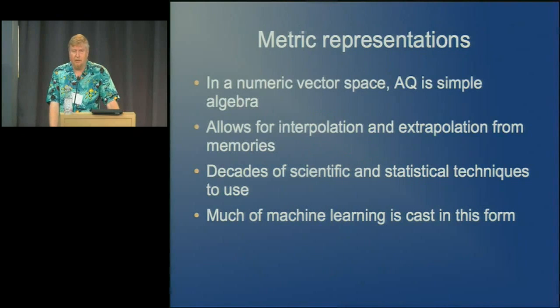Okay. The other aspect of representations besides there being plastic is that you can have them be metric. If you can use n-vectors, numeric vectors, for your representations, and you've mapped the spaces right, analogical quadrature turns out to just be vector algebra. It's very simple to do.